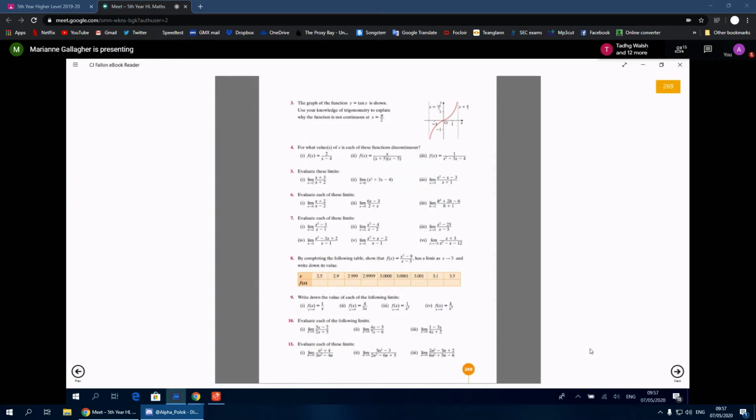So on 8.2, do question 7. Do the odd ones, 1, 3, and 5. Question 8.